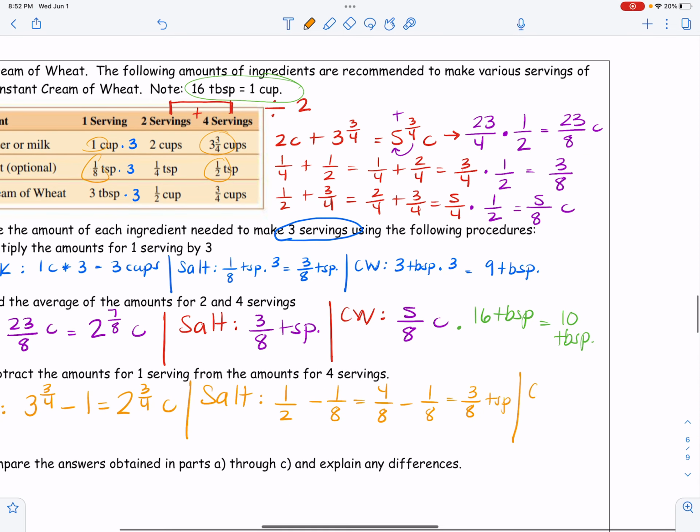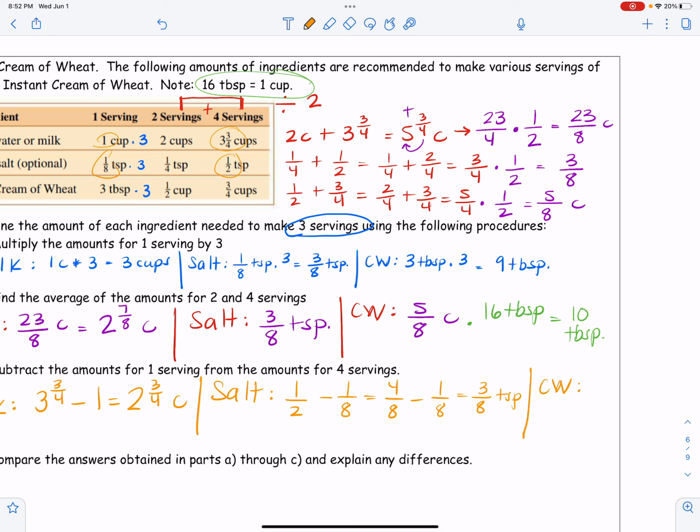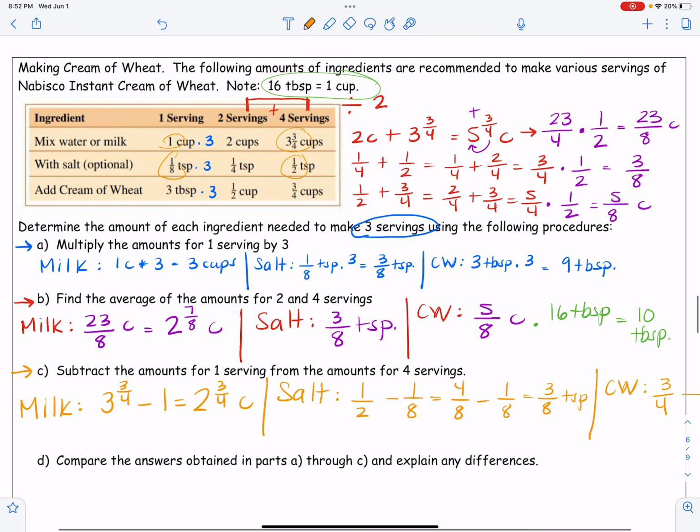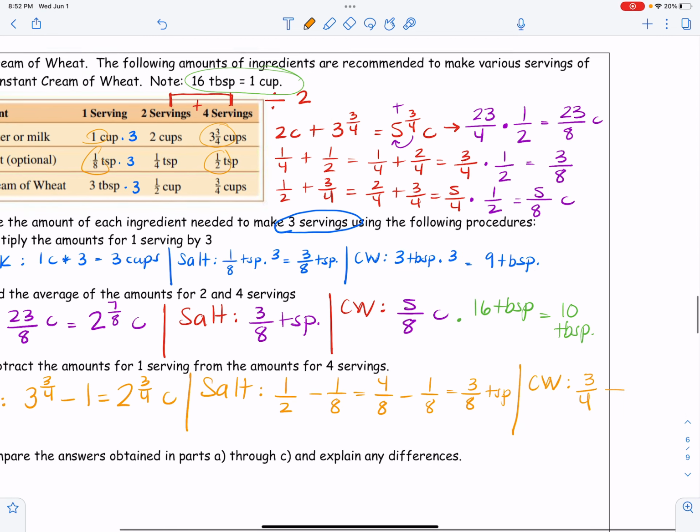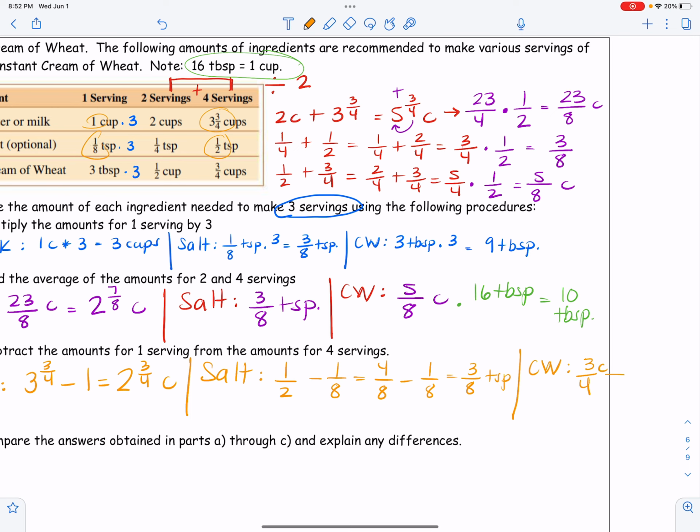All right, so finishing this out, the cream of wheat. For 4 servings, it's 3/4 of a cup. I'm going to subtract for 1 serving, but notice I'm in different units here. So really I'm taking 3/4 of a cup and I'm subtracting 3 tablespoons. I can't subtract those right now because they're different units.